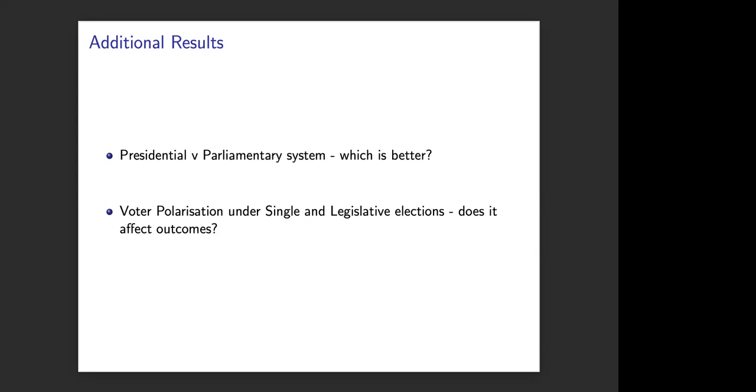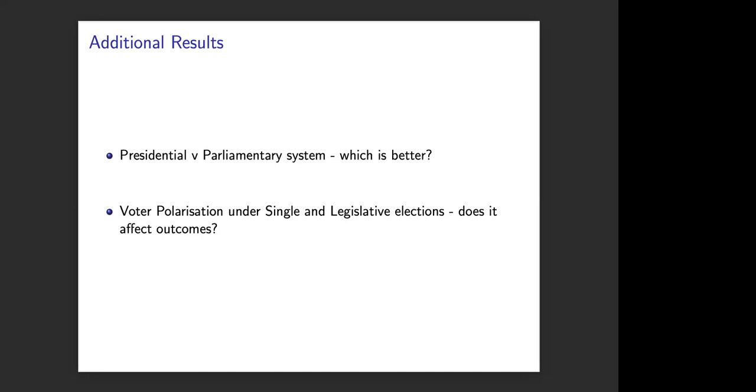Based on what we've just seen, you can imagine where my result is going to go: a parliamentary system is going to lead to higher welfare than a presidential system, on the condition that the national median voter has the same kind of identity as the median voter in the median district.